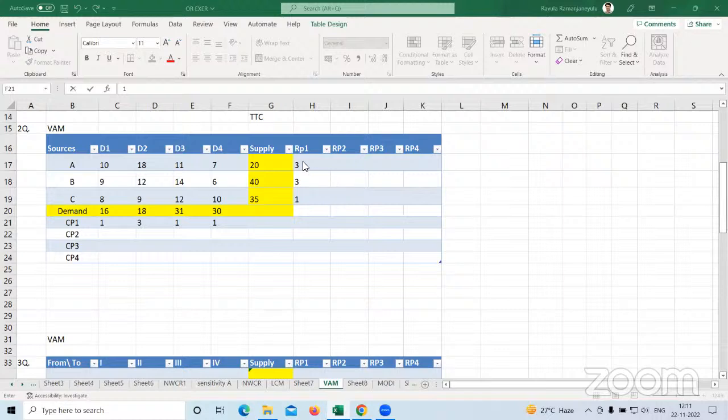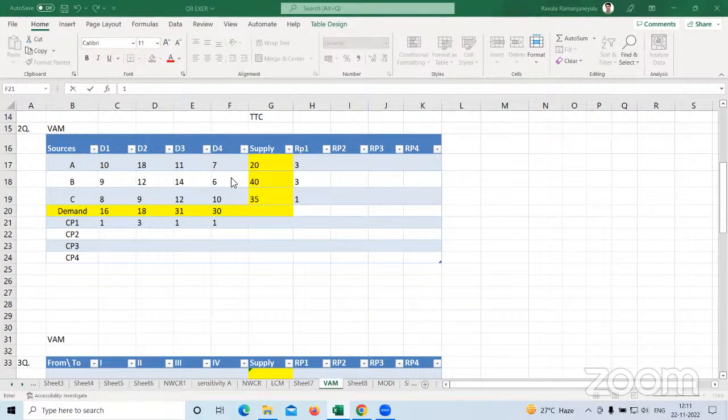Right. So among all these penalties, the highest penalty is 3, but we are getting it thrice. So what do we do? D4 6.